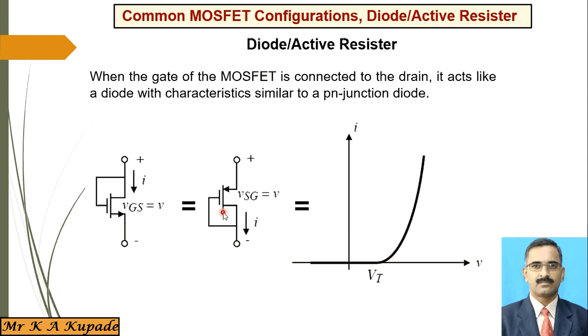Why? Because the channel resistance is reduced, that means the drain to source channel resistance is getting reduced, and due to this the current I is flowing. And this is again shown here in this form.